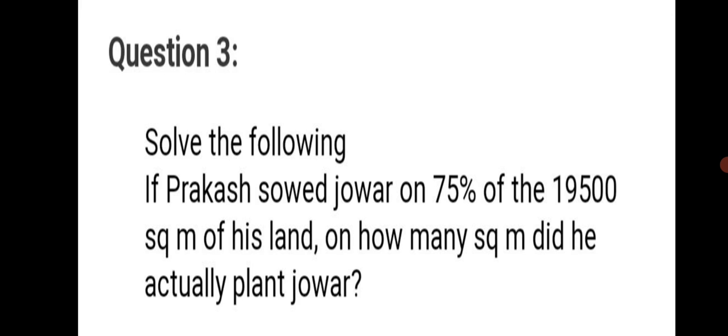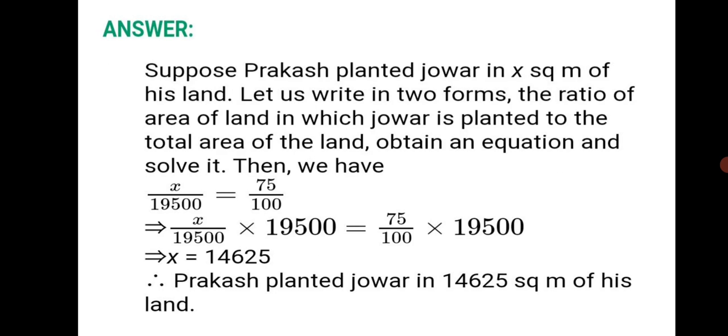So let's write this using statements first. Suppose Prakash planted jawar in x square meters of his land. Let us write in the form of a ratio the area of land in which jawar is planted to the total area of the land, obtain an equation, and solve it.